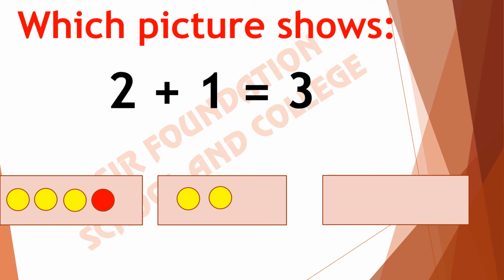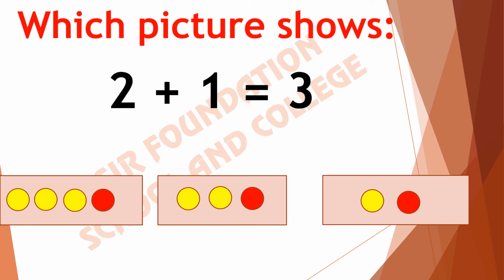There are 2 yellow circles and 1 red circle. There are 3 circles. In the third picture, there is 1 yellow circle and 1 red circle. There are 2 circles in total.